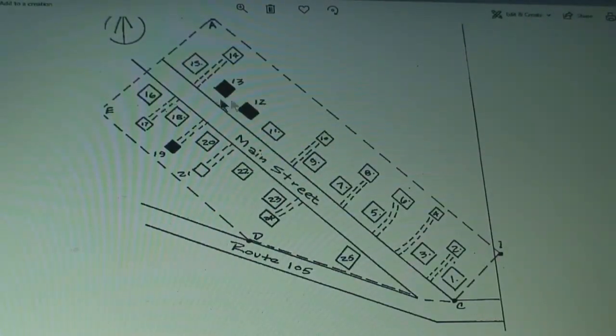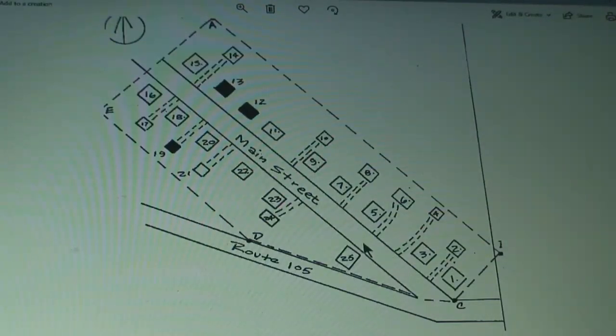If you wish to take your walking adventure a little further, this is a hand-drawn map from the Department of Historic Preservation of Main Street. The rail trail is right about here. This is Main Street, the old road to Sheldon Junction, and this is the new Route 105.